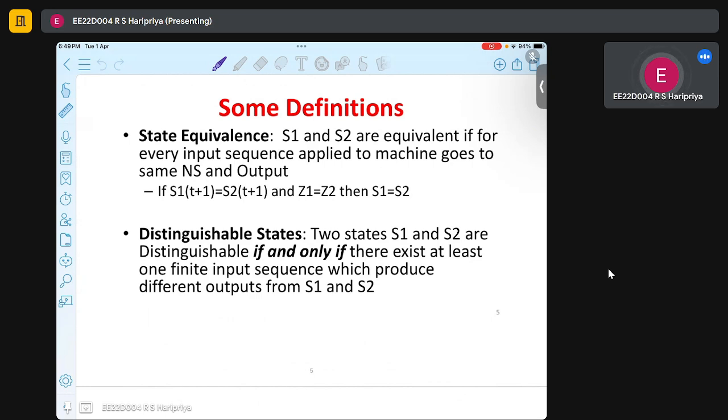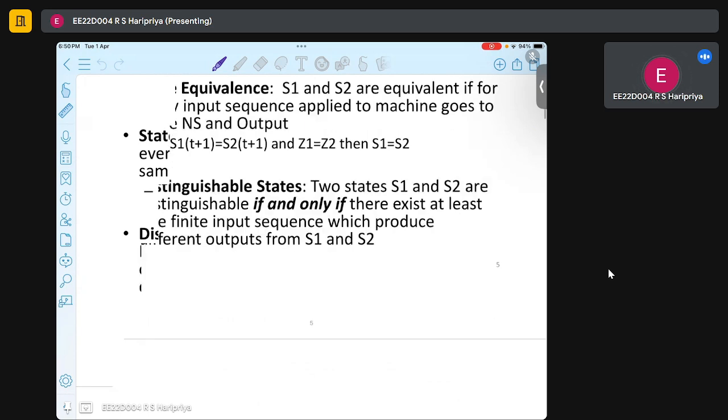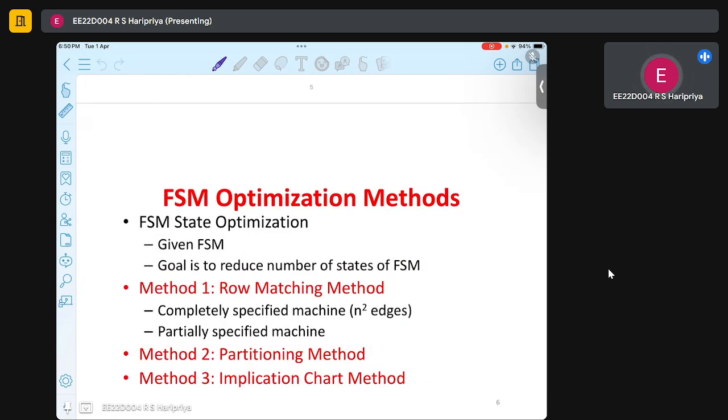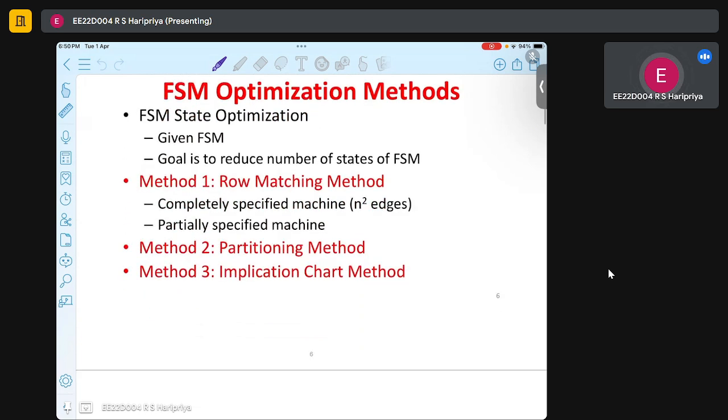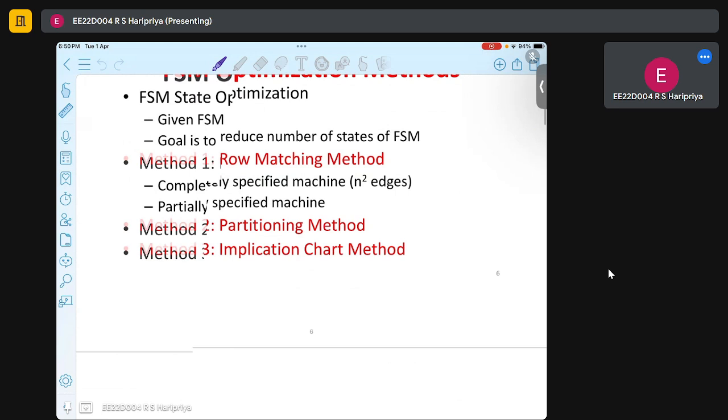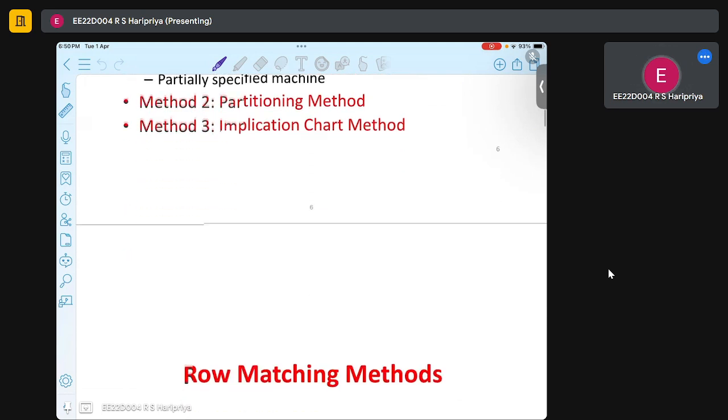We say two states S1 and S2 are equivalent if, for every input sequence applied to the machine, it goes to the next state and output. Two states are said to be distinguishable if and only if there exists at least one finite input sequence for which different outputs are produced. For optimization, we have three methods: row matching, partitioning, and implication chart. So we will see all these three methods.